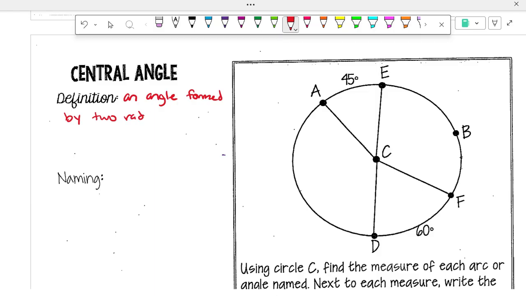Remember, radii is plural for radius. In other words, the vertex of the angle is at the center.